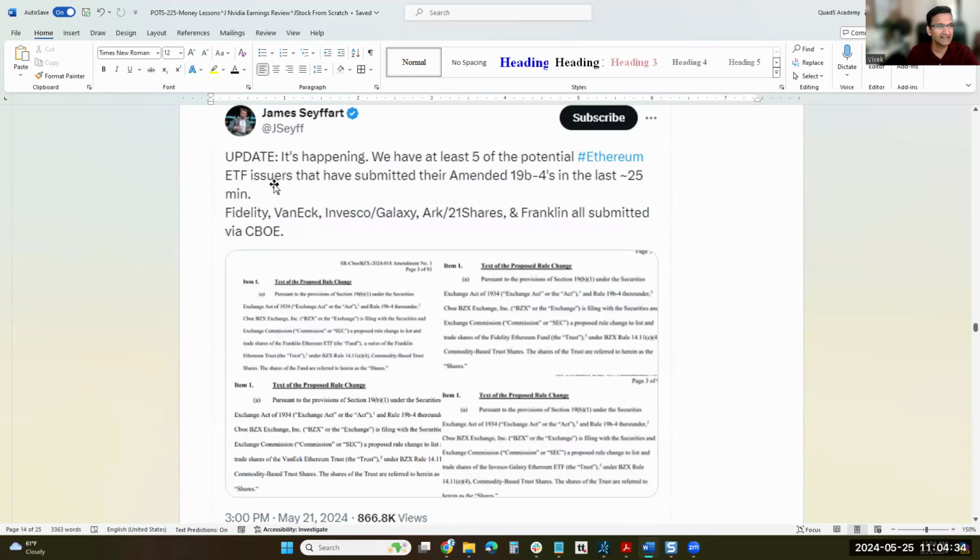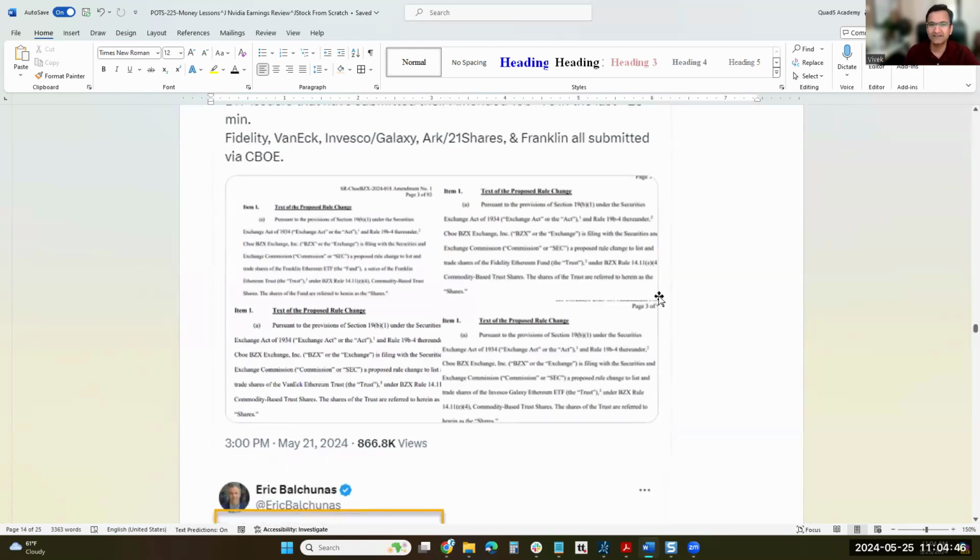There are 5 potential issuers that submitted their amended 19b-4s in the last 25 minutes. You don't see government agencies working so fast, but this has a lot more to do with political pressure. Because the last 2 weeks of events have probably given a hint to the Democrats, the powers that be, saying if we continue to take a stance against the crypto faction, that's not going to be good.